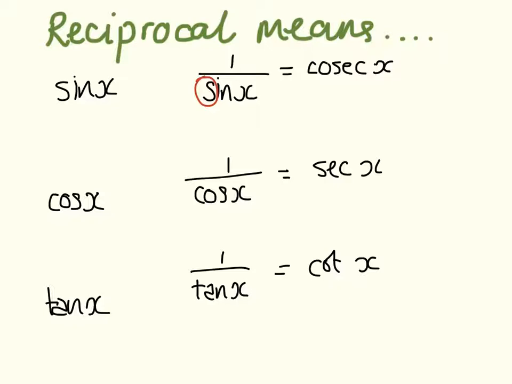So sine begins with an S, the 3rd letter in cosec is S, so those 2 must match. Cos begins with a C, obviously. 3rd letter in sec is C, so those 2 match. And tan begins with a T, cot, 3rd letter is T. So it's not quick, but it's a nice, easy way of remembering how these pairs match up.